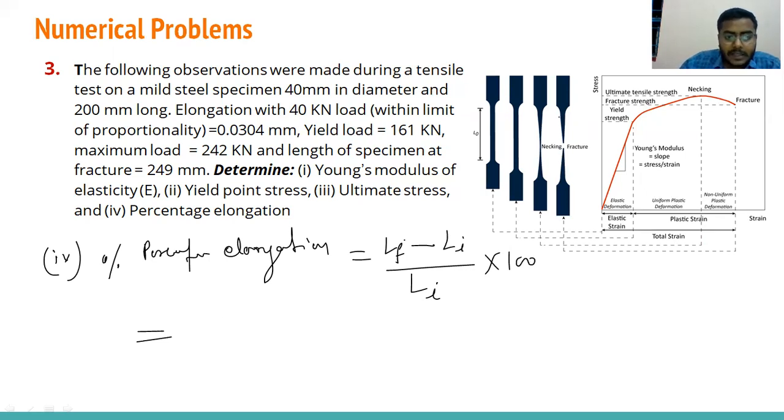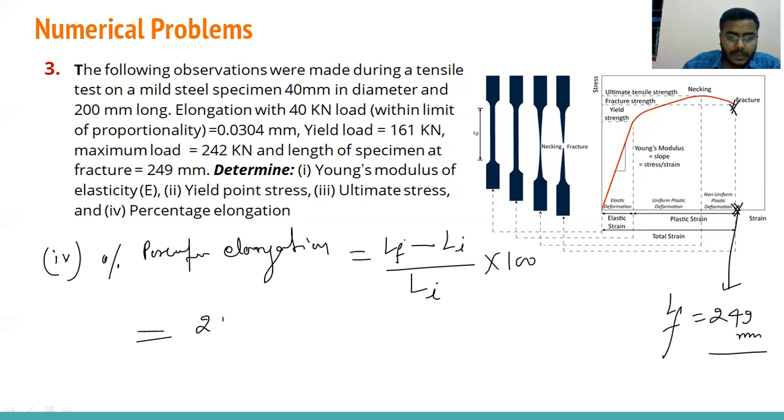See, it is given length of specimen at fracture. This is the point of fracture. So length is up to this point. This is the final length, 249 mm. Final length is given. At this length, that material got fractured.